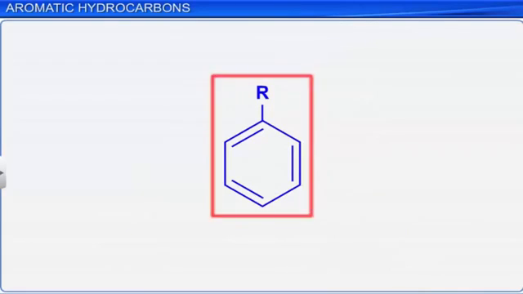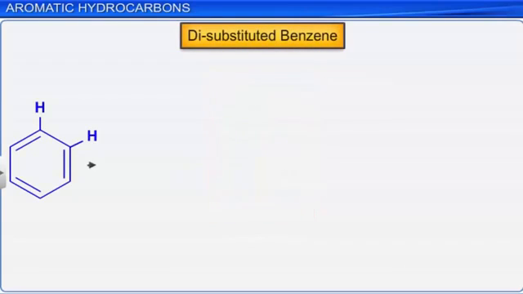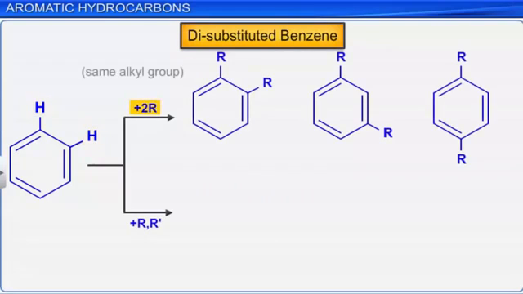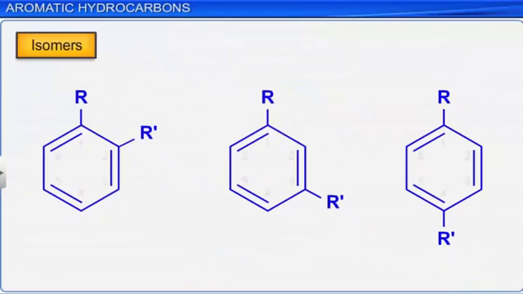However, when 2 hydrogen atoms of a benzene ring are replaced with 2 similar or different alkyl groups, there is a possibility of formation of 3 isomers. These differ in the position of the alkyl group. Thus, disubstituted product of benzene show position isomerism.